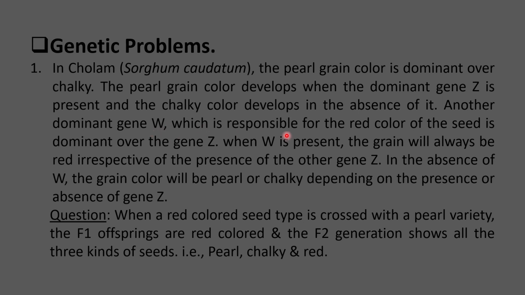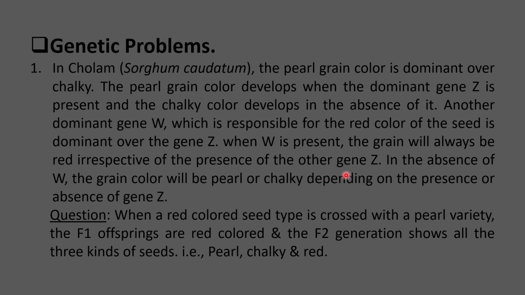This is responsible for producing the red color of the seed, and it is dominant over Z as well as over recessive z. And when the dominant allele W is present, the grain will always be red in color irrespective of the presence of the other gene Z.